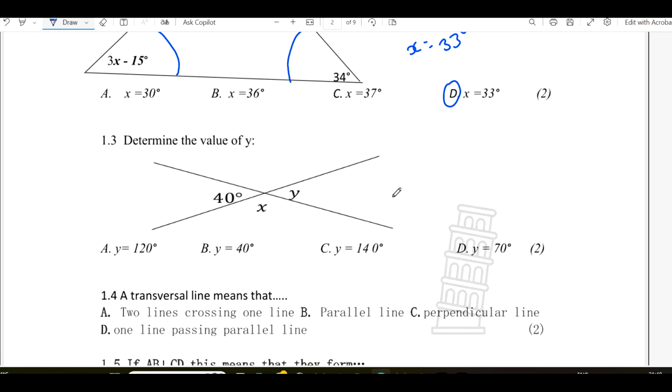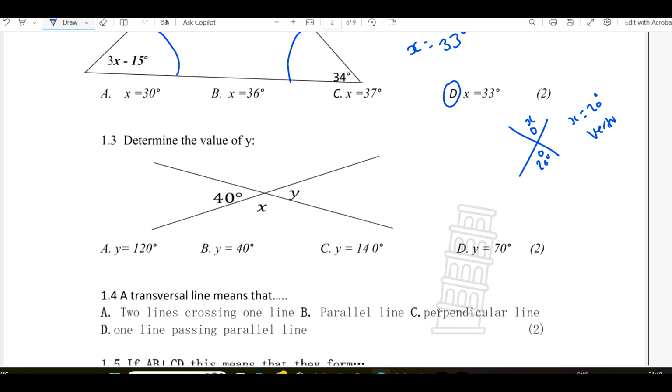So determine the value of y, guys. Whenever you see a cross, grade 8 learners, what needs to come to your mind is vertical opposite angles and angles on a straight line. As we know, if you are given a cross like this, this angle and this angle, if here you have x and then here you have 20 degrees, this means that x is going to be 20 degrees.